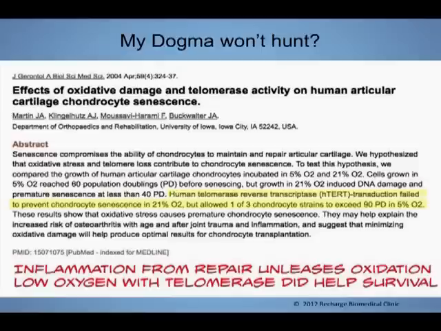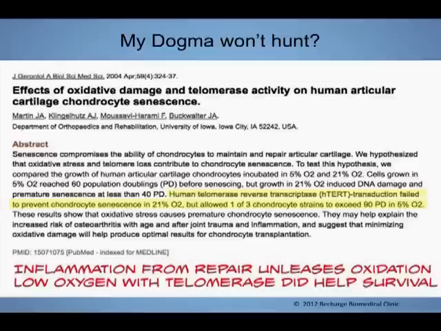And then in 5% oxygen, and they noted that in only one of three, but still a very interesting experiment nonetheless, that line got to 90 population doublings, almost double the usual 40. So what they concluded was that the inflammation from repair unleashes oxidation.